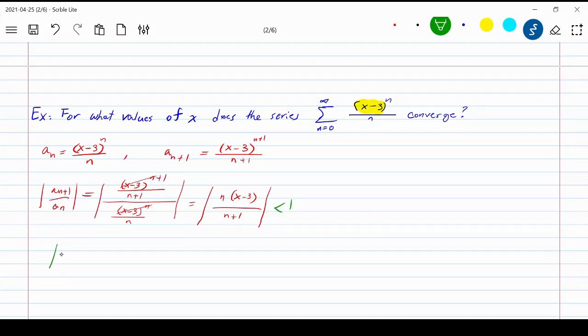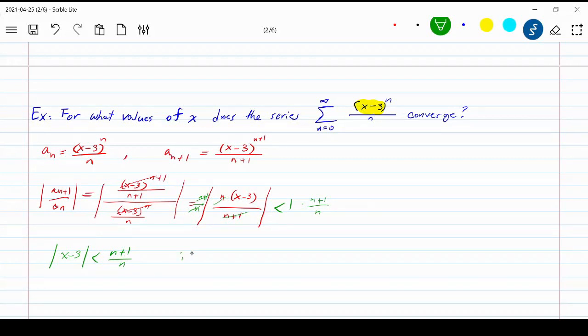Then you can say the absolute value of x minus 3 must be less than, multiplying n plus 1 and n on both sides. Since it's positive, it doesn't change anything. These will cancel out because they're always positive. So what you get is the absolute value of x minus 3 is less than (n plus 1) divided by n.